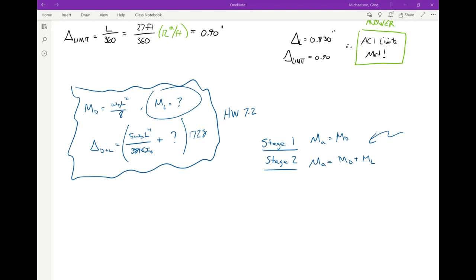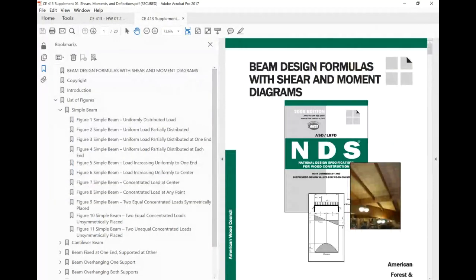I'll give you as much guidance as I can because I don't want to just tell you. So it's supplement number 1, and it's this supplement. If you look at the simple beam scenarios, figure number 1 is a simply supported beam with a uniformly distributed load.